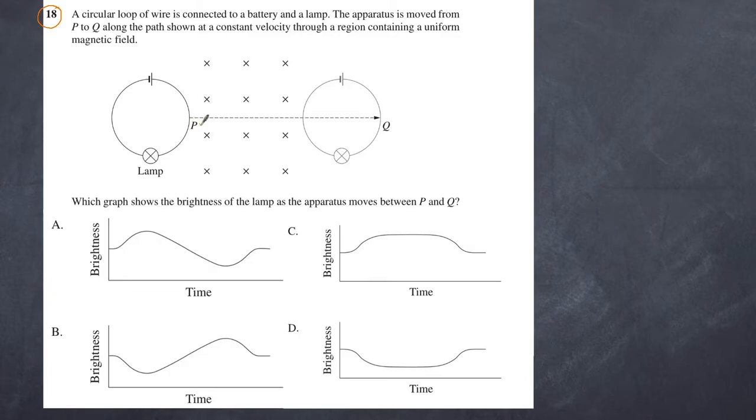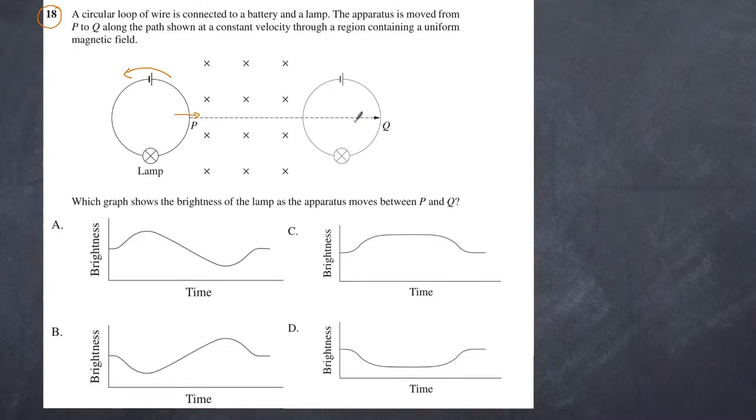Now, what is the direction of the EMF as we enter it? So it's going to create an EMF that opposes the motion. So that is, as we go in that direction, we're going to have an EMF that opposes it. So that means we're going to produce a current that is in that direction. Right? Now, again, I'm just ignoring my polarity for my lamps here.